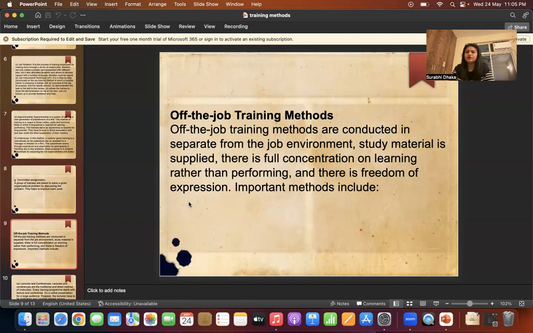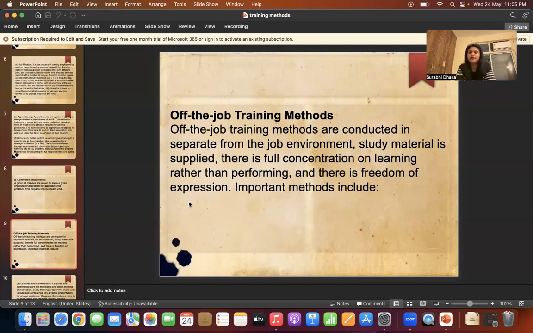There is full concentration on learning rather than performing, and there is freedom of expression. Under this, the trainee is separated from the job situation and his attention is focused upon learning the job. There is an opportunity for freedom of expression to ask any question.